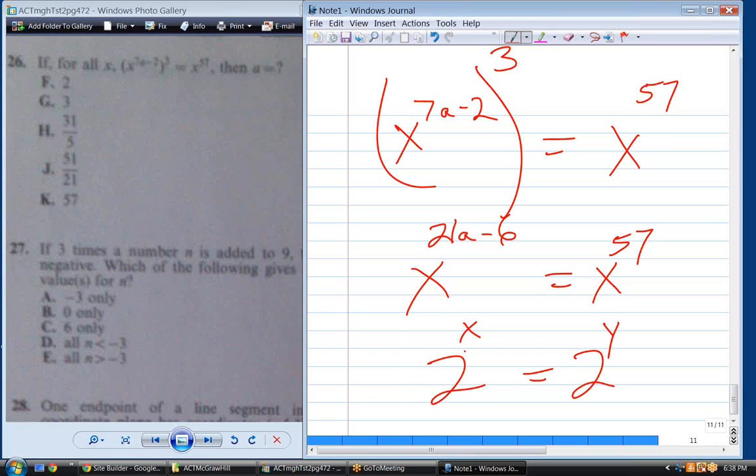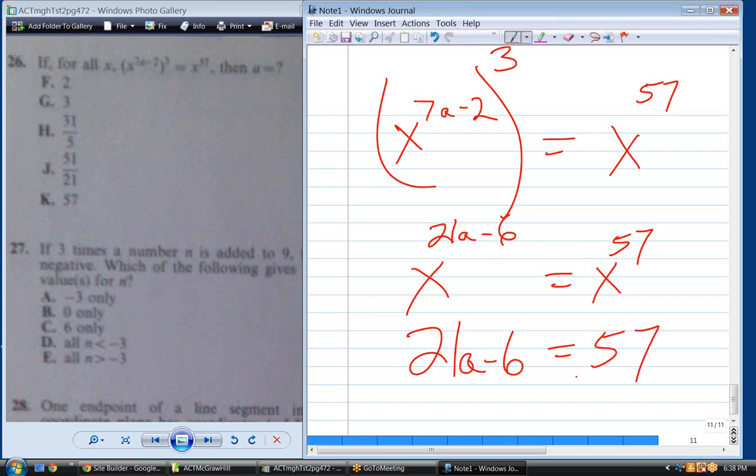You can't take a number to an exponent and have it be equal to the same number to a different exponent unless those exponents are equal. So the next step here, we have the same base, they're both x's, different exponents. So 21a minus 6 has to equal 57. I'm going to remove the x's from the equation. Now I can solve for a.